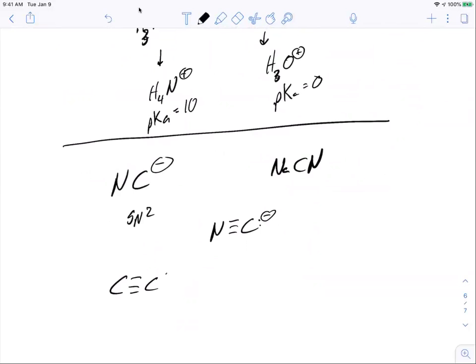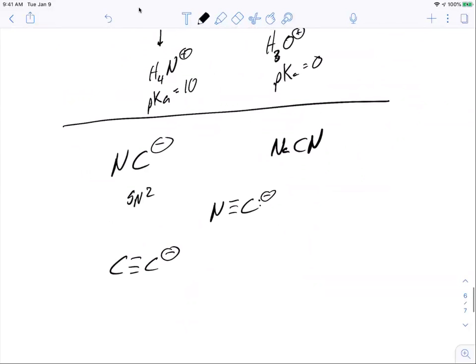The other good nucleophile for SN2, but also SN1, although you mostly see it for SN2, is the acetate. Remember, this is a more acidic proton. We can pull that proton off. And again, it is a good SN2 style nucleophile because it's linear. There's not going to be a lot of steric hindrance.